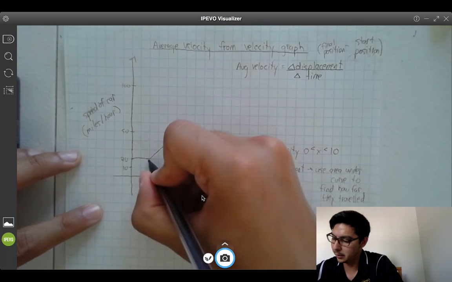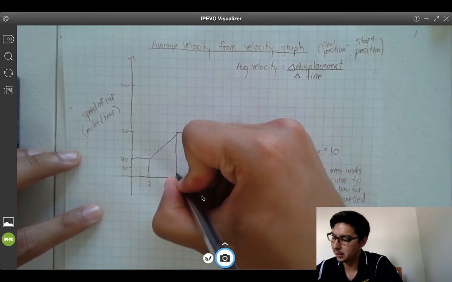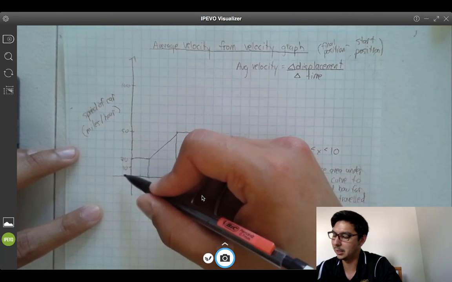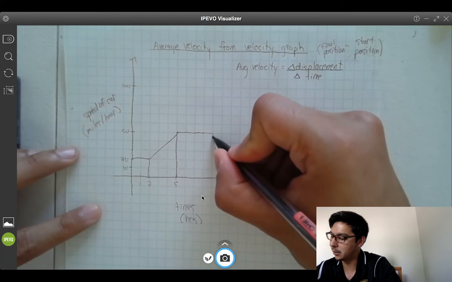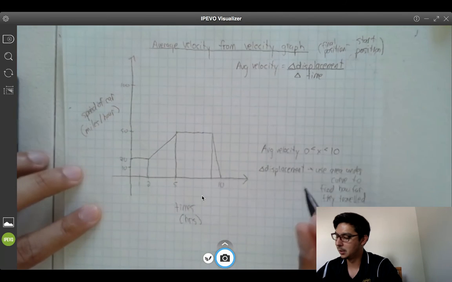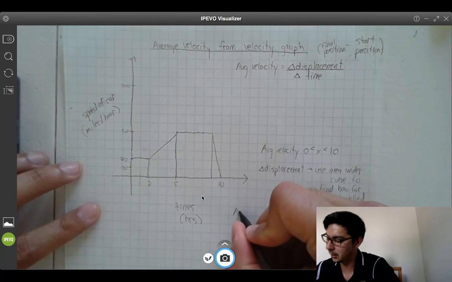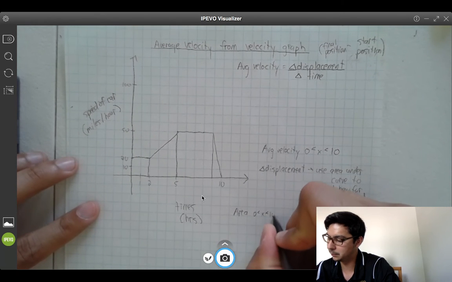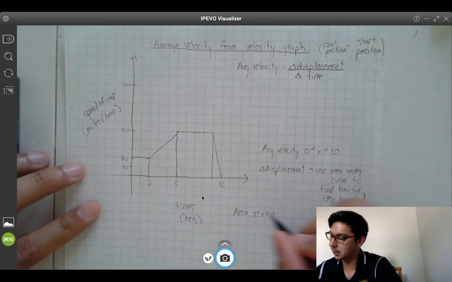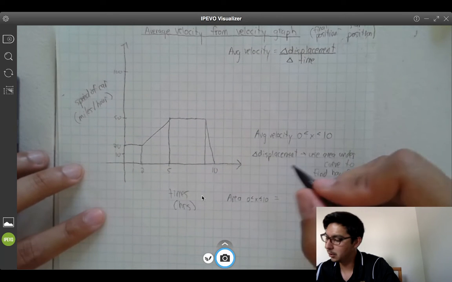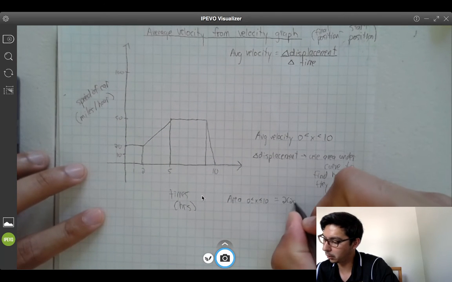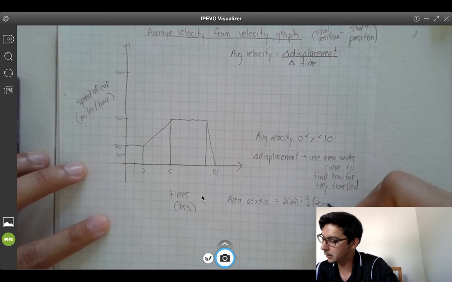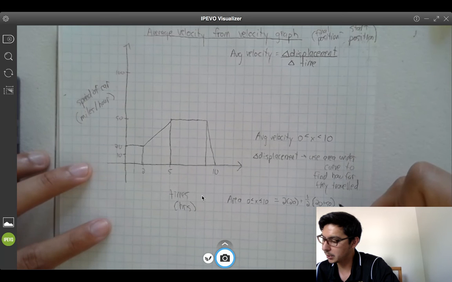So in this problem, for the area under the curve, I break it up. I have what looks like a rectangle, I'd say a square, but technically that's not the same length, a trapezoid, another rectangle, and a triangle. So the area from 0 to 10 is going to equal 2 times 20, plus 1/2 times 20 plus 50 times a height of 3.